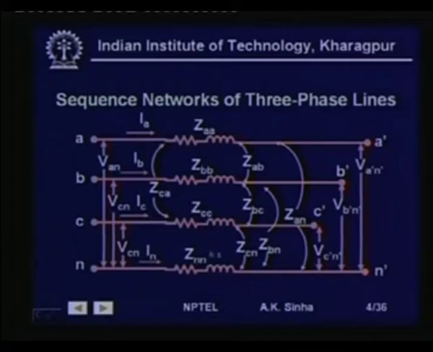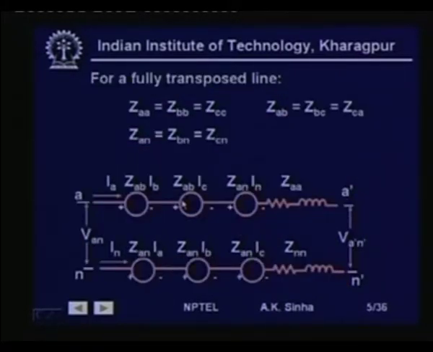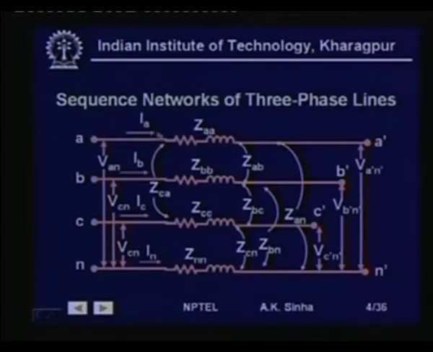Now, for this system we can write the relationships using Kirchhoff's law. For phase A, there is going to be a voltage drop because of current IA flowing, that is IA into ZAA. But because of current flowing in B there is also going to be a voltage drop, which will be ZAB into IB.